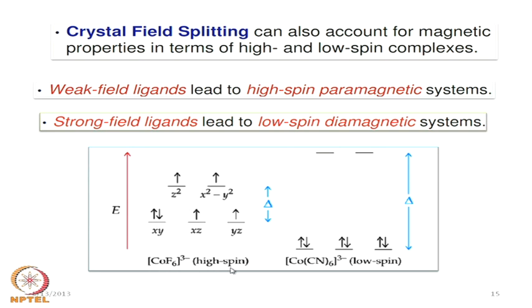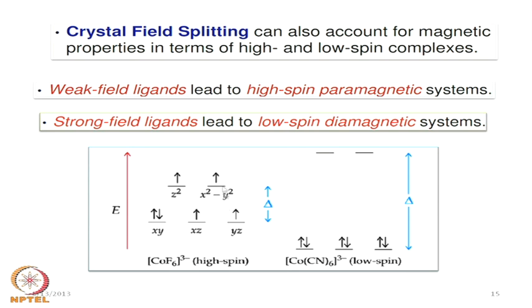In one case we have the high spin situation, the only known example of cobalt 3 with high spin, and in hexacyano cobaltate 3 ion, which is low spin, the stabilization is much more when paired up, where all the 6 electrons will be in the t2g set.